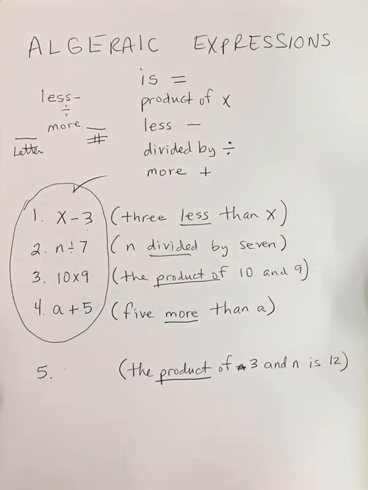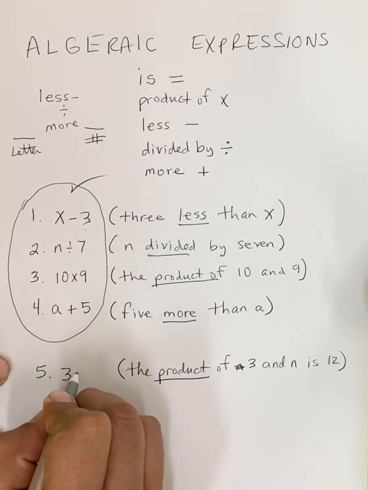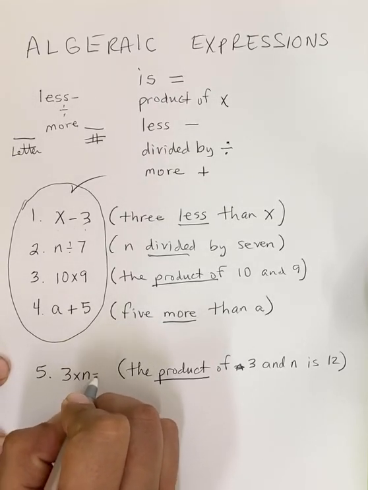We know it's times table. So we say 3 times n equals 12.